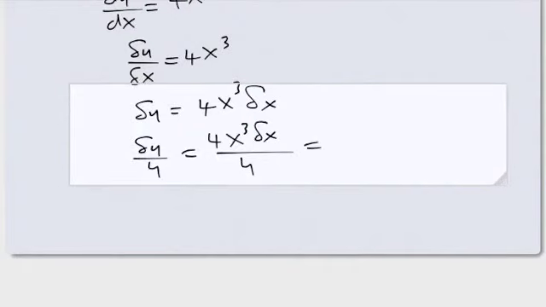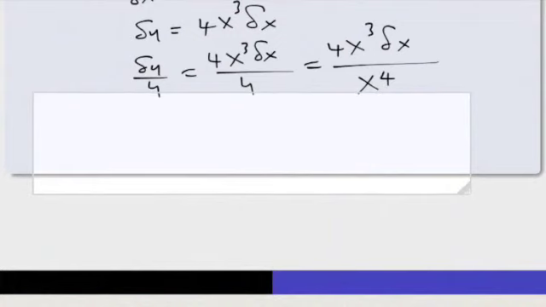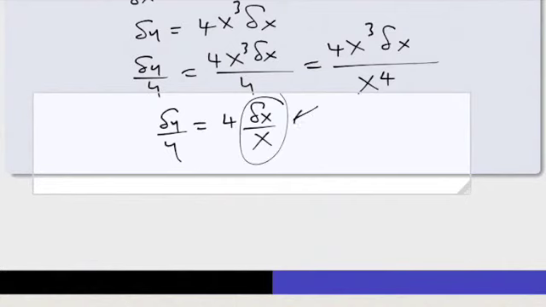Now y is x raised to the power 4, so we could simplify this to be delta y on y is equal to 4 times delta x on x, and we are given delta x on x is 1%, so delta y on y would be 4%. 4 times the percentage change in x.